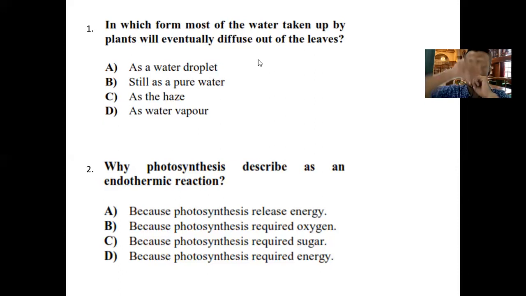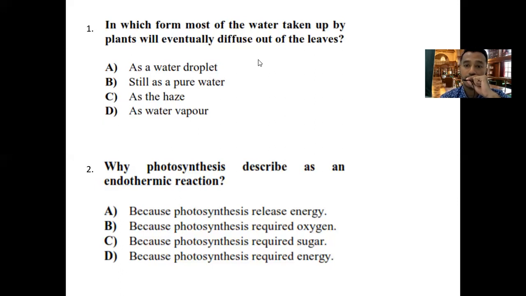If we cover up a leaf with a plastic bag, for example, tie it up, and leave it for several hours, you can see there is water on the inside surface of the bag. That is the explanation of why plants release water as water vapor.